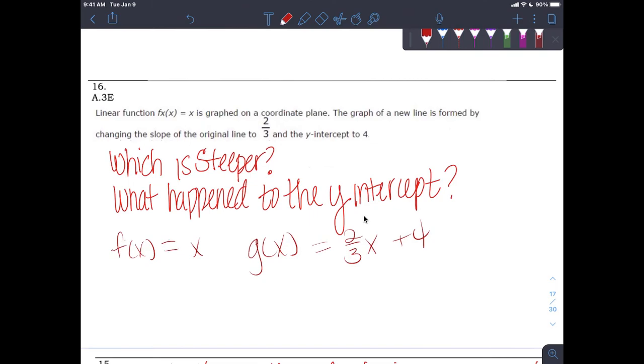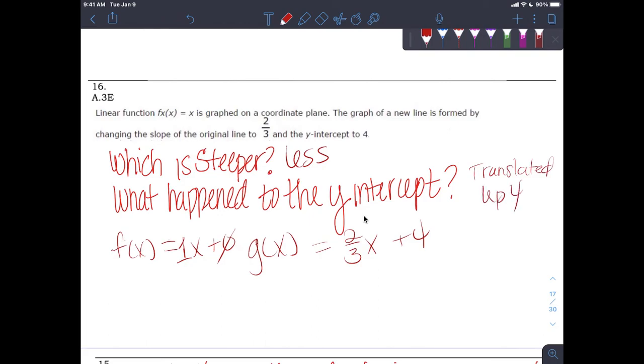Now, if I remember this correctly, the closer I get to 0, the less steep I am. So this over here has a slope of 1, and I took it down to 2/3, which is closer to 0. It's going to be less steep. And my y-intercept currently is 0 in my parent function, and it went up to 4. So it translated up 4.